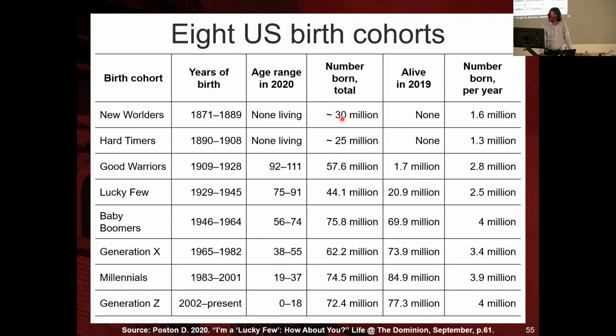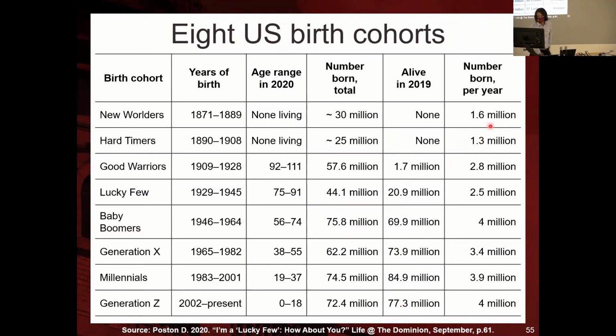The number of them that were born in total. So you see the baby boomers, because of the increase in fertility: the lucky few in total, 44 million were born, and then baby boomers increased to almost 76 million here in the US. And this is the amount of them alive up to 2019.